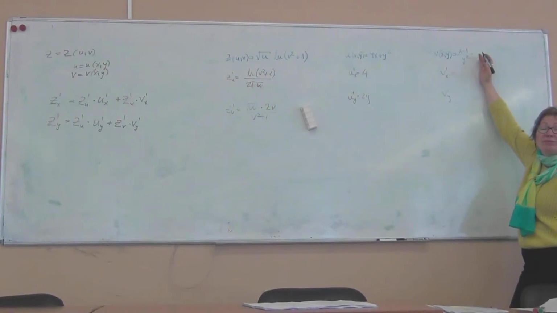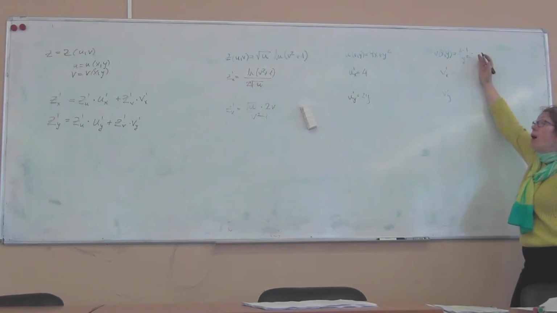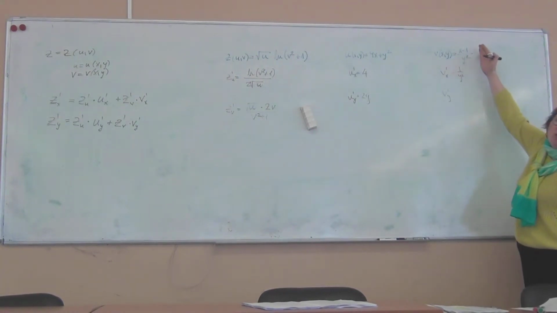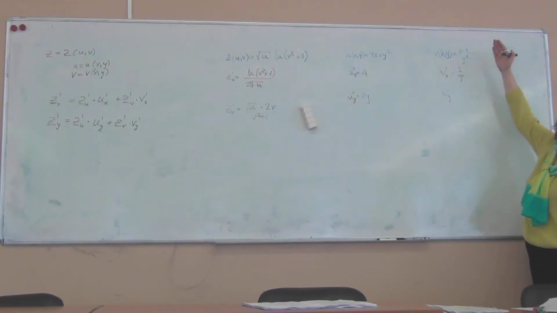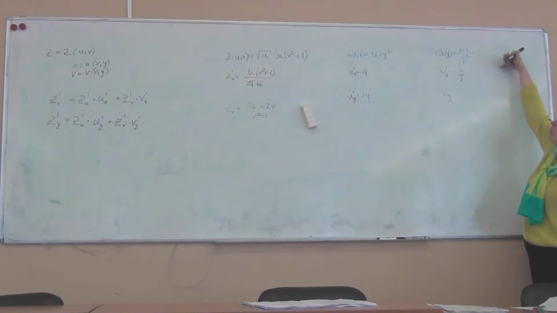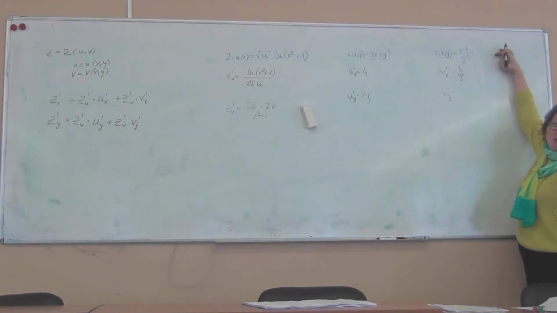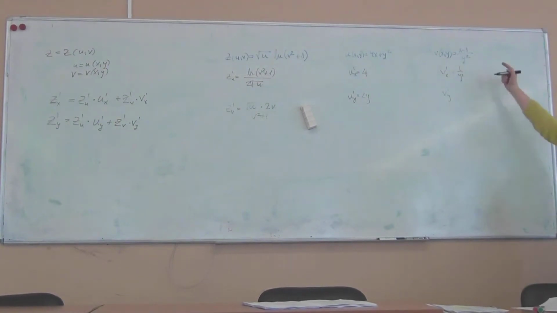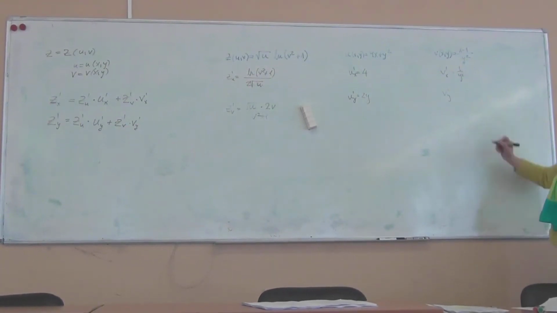Just 1 over y squared. Because if we separate this into 2 parts, into 2 fractions, x over y squared minus 1 over y squared. 1 over y squared is a constant with respect to x, so we only need to derive x over y squared, where 1 over y squared is a constant again.